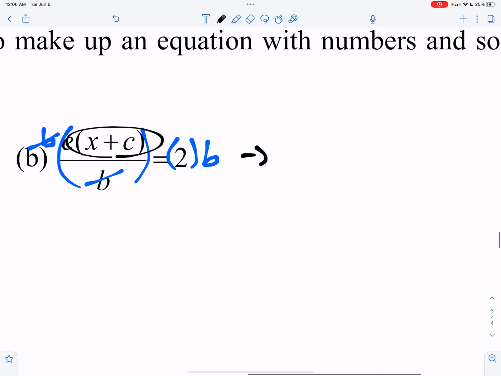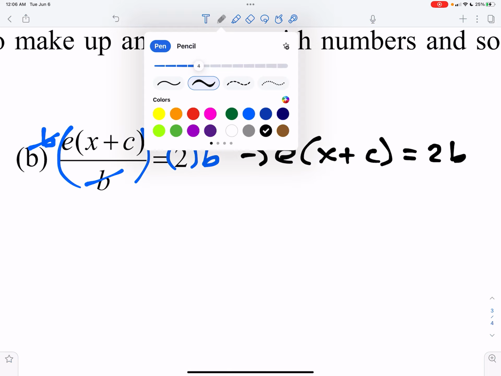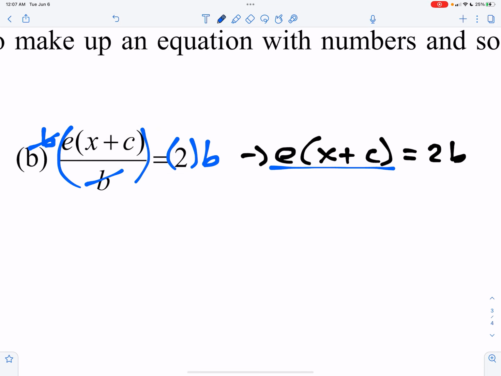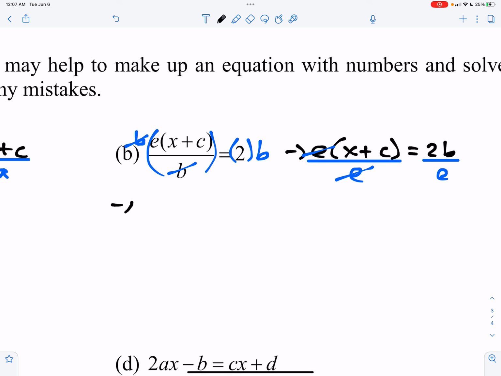Now, I get what's on the top. E times the quantity x plus c equals 2b. Again, I'm going to go ahead and divide away the e on both sides. And I get x plus c equals 2b over e.